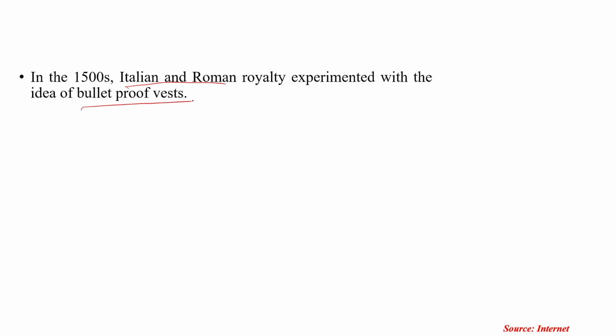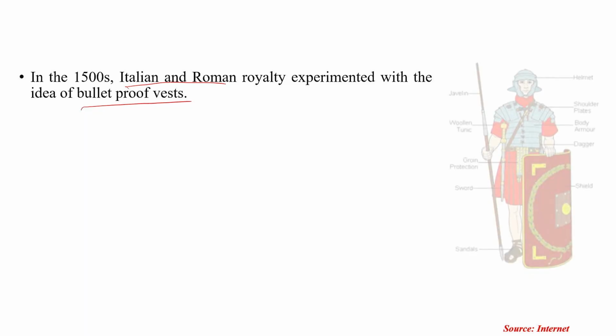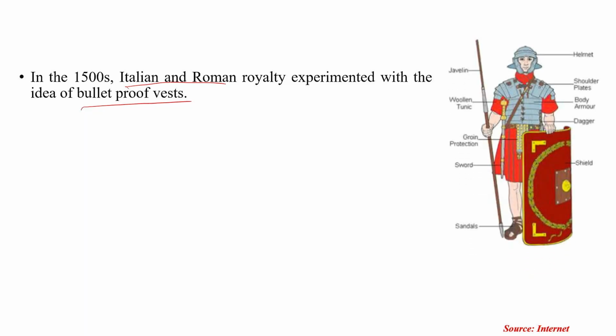That is when people started wearing protective vests. This is the soldier shoulder plate, a wooden tunic, and different combinations with metallic plates.